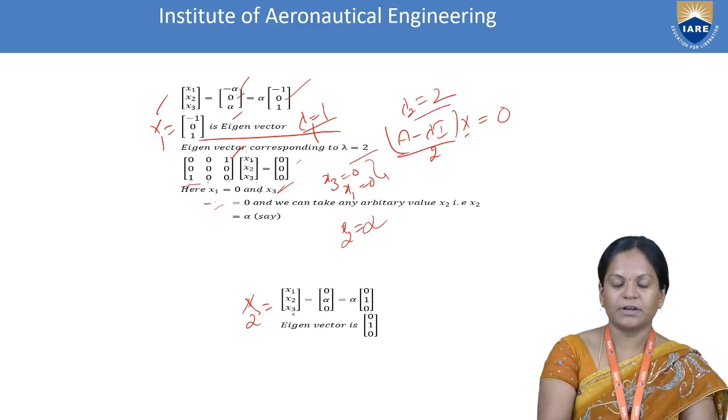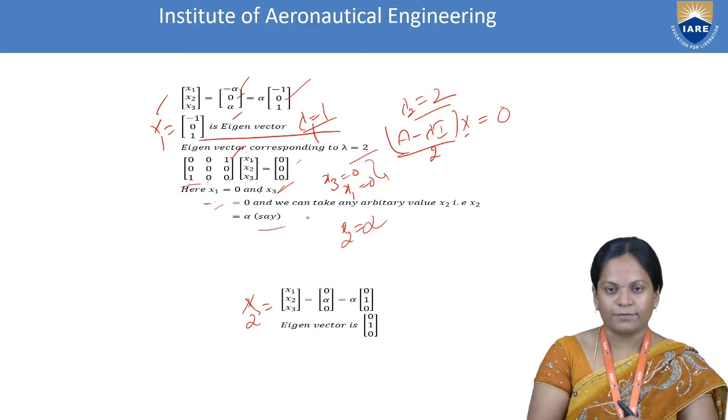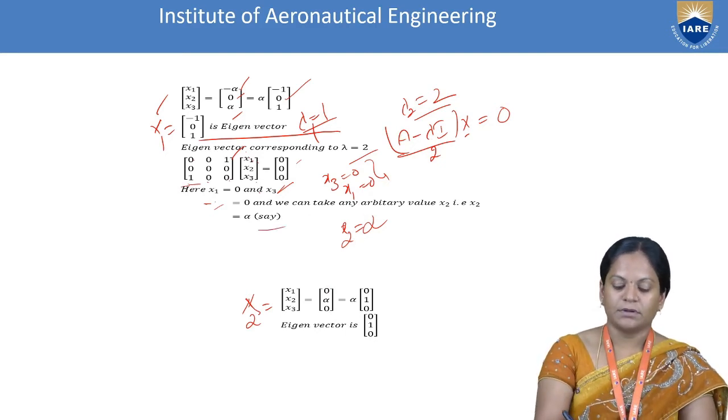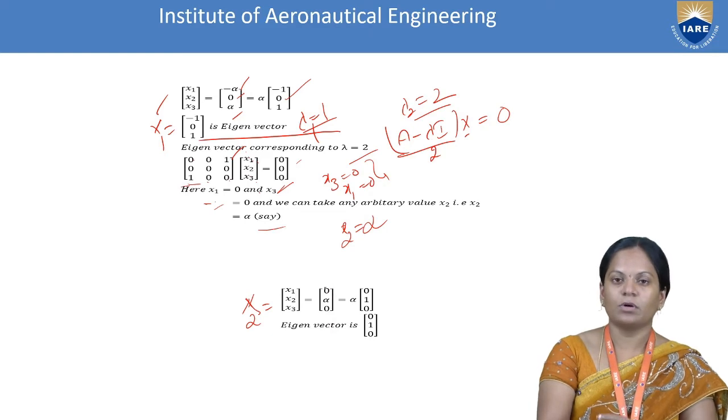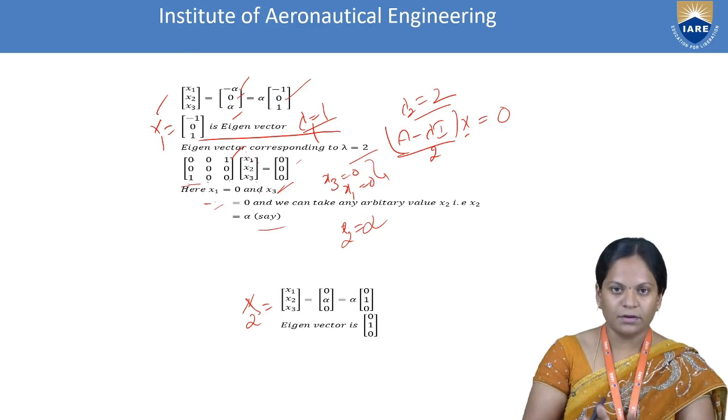So for X2 we are finding the unknown values x1, x2, x3. x1 is 0 and x3 is 0. x2 we take alpha, some arbitrary constant. So here we got 0, alpha, 0. Now if we take alpha common, we have 0, 1, 0 as the eigenvector.